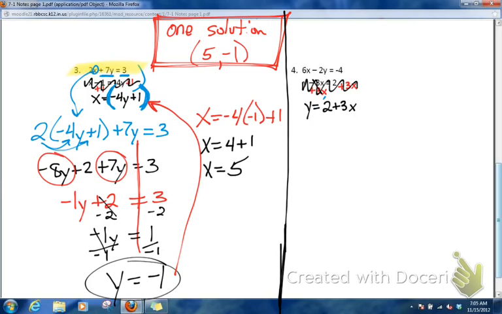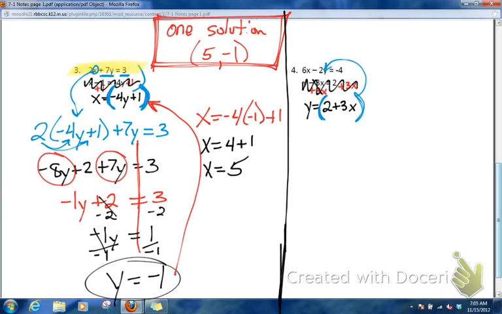So now I can say, well, since y is equal to this binomial, this quantity right here, this 2 plus 3x, I can plug this 2 plus 3x in for my y.